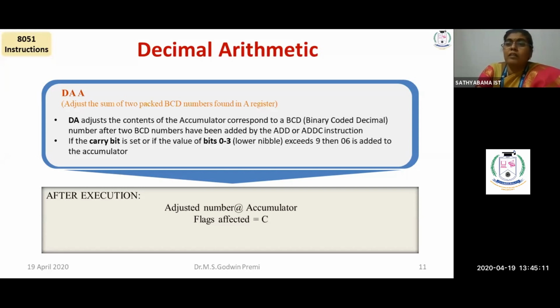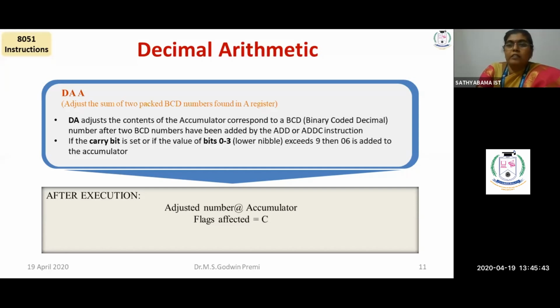So it does not mean that if we have performed a hexadecimal addition, after that we can go for BCD conversion. It is not BCD conversion. It is just adjusting. That means the accumulator content is considered as already two BCD numbers added and stored, and we are going to just adjust that into a perfect BCD number.